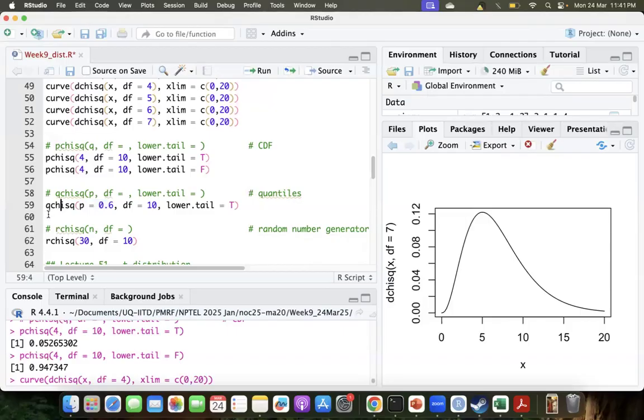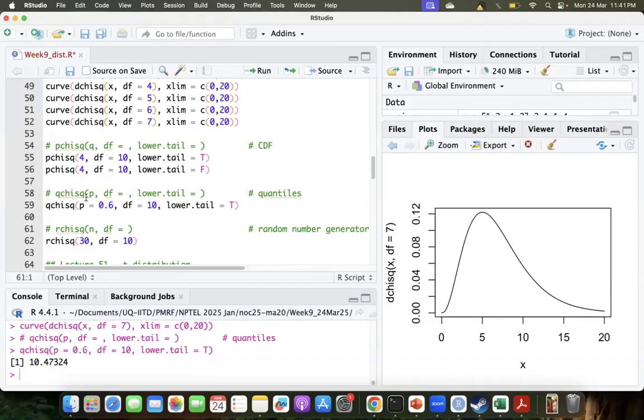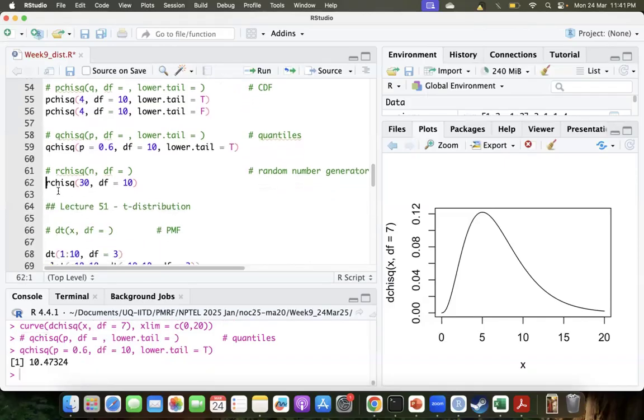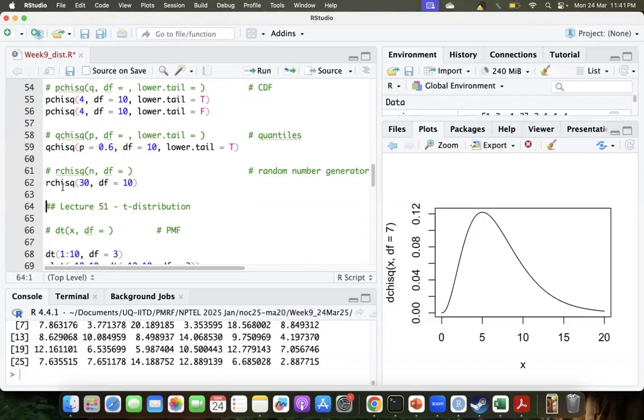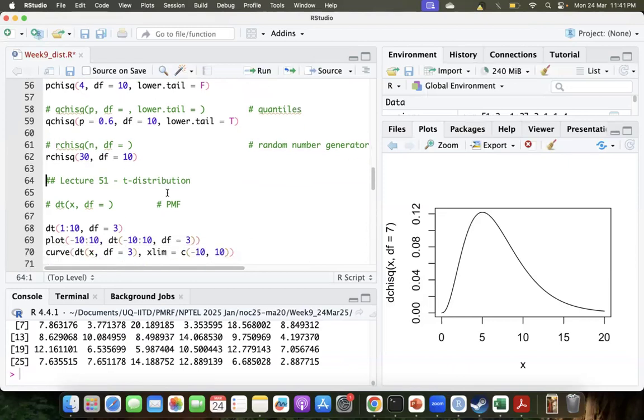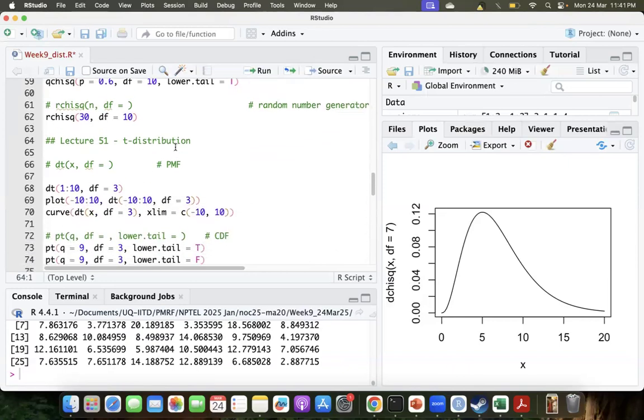So 60%, the percentile. So 60 percentile of your values are up to what value, up to what number, then you can have chi-square. R chi-square, it's again for random number generator, right? So if you want to generate 30 random numbers which have 10 degrees of freedom, same thing for T distribution.